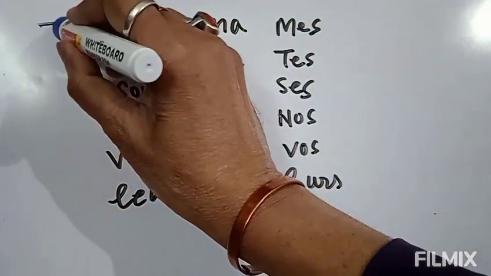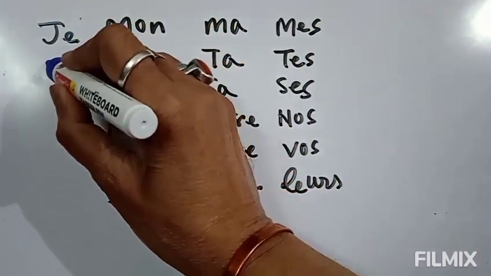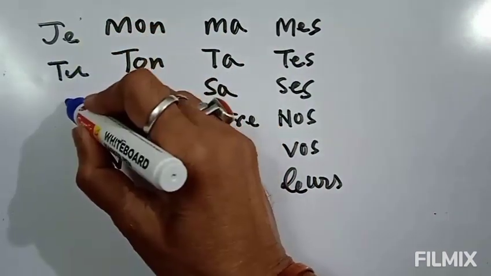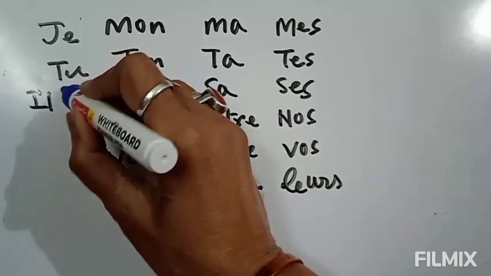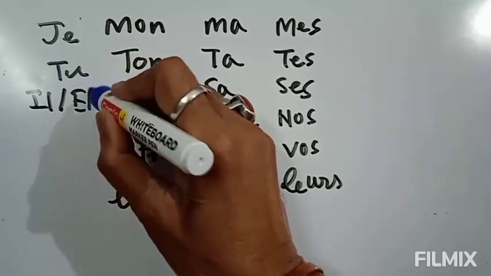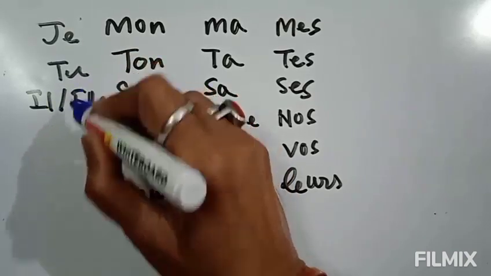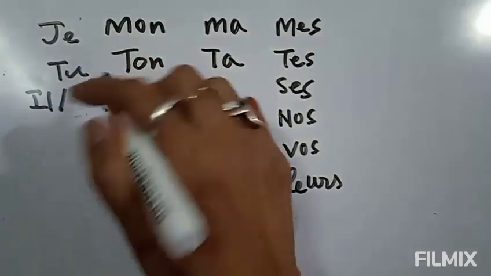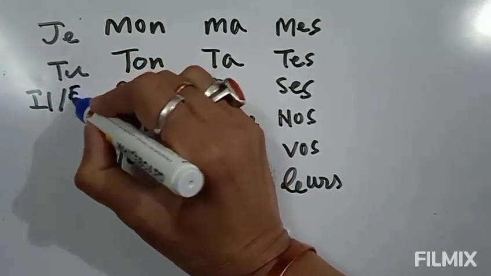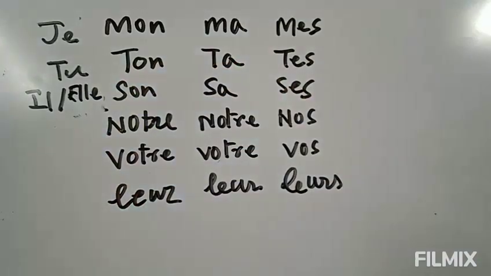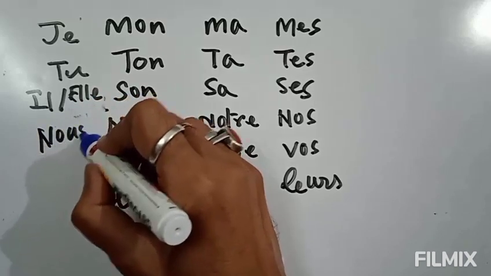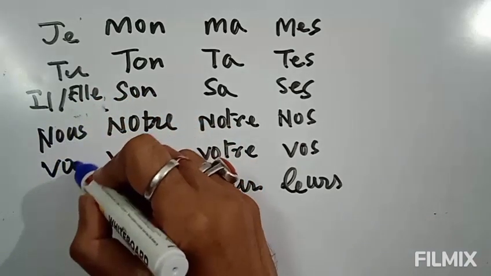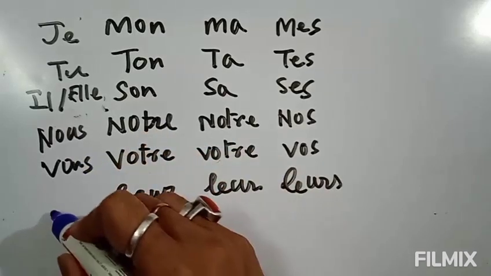This is for the first person singular, this is for the second person, informal, this is for the third person singular, il, elle, third person singular. And this is for nous, first person plural. This is formal, vous, second person.